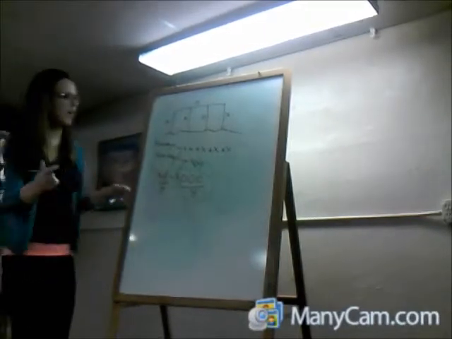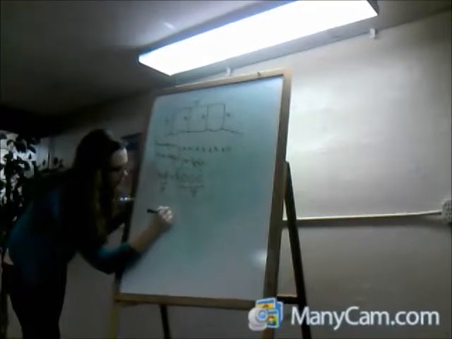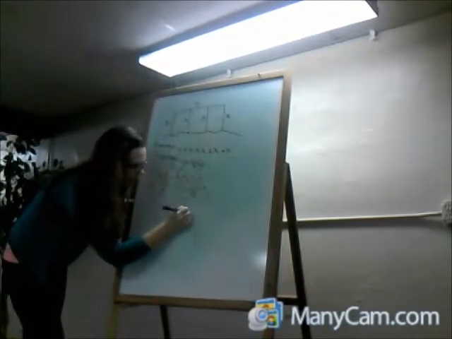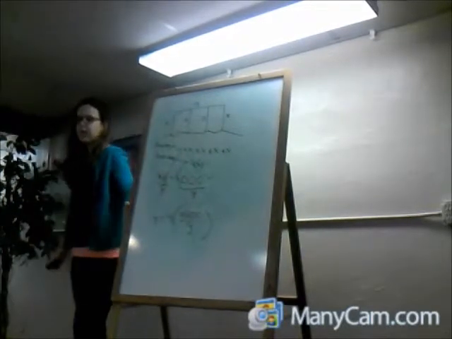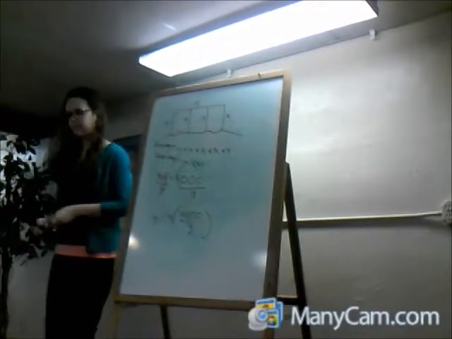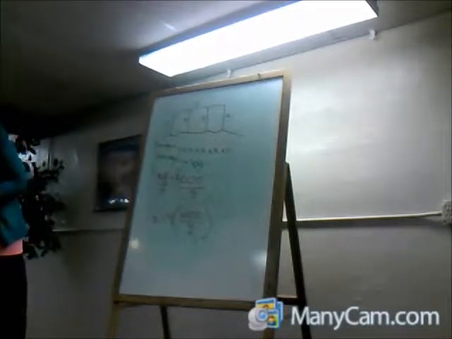Then we get Y plus 4 times 4,000 over Y, which ends up being Y plus 16,000 over Y, which is B.